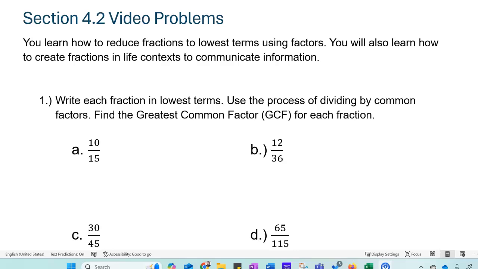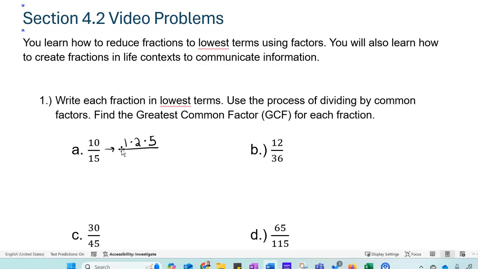So, for example, I could rewrite the numerator 10 as its factors. So I know that 1 times 2 times 5 gives me 10.